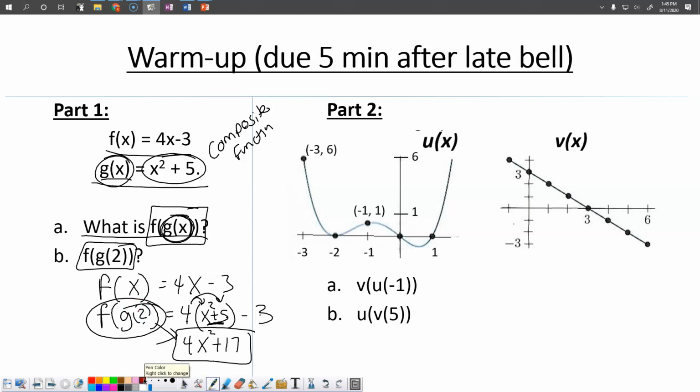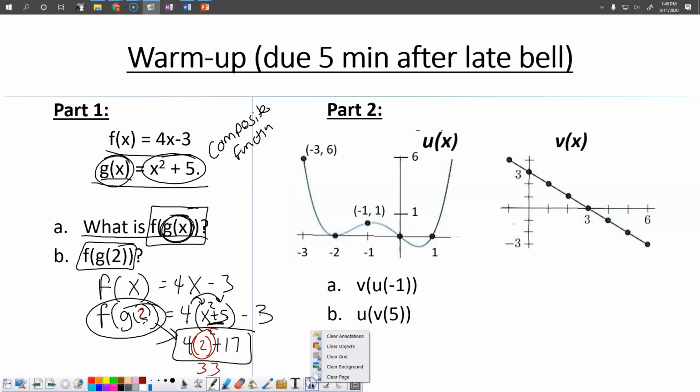Same thing over here, we're going to replace this little x with a 2. And so that means it's going to be 2 squared, which is 4. 4 times 4 is 16, and 16 plus 17 is 33 would be the final answer for that one.